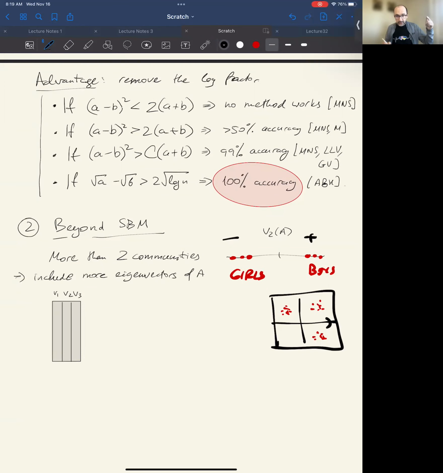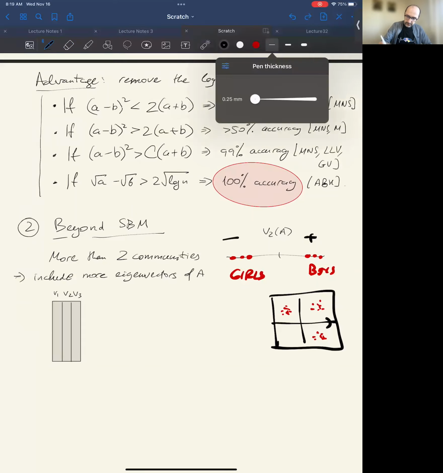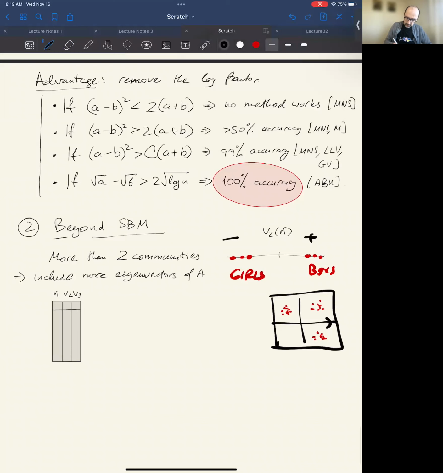And then instead of looking at the coefficients of a single eigenvector, we look at the rows of that matrix. Let's call the rows x1, x2, x3, etc., xn.